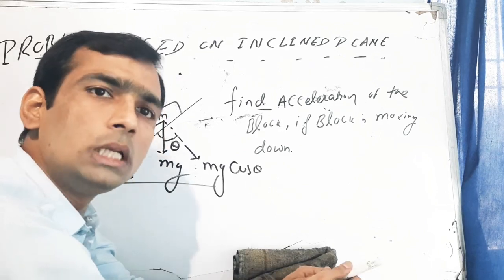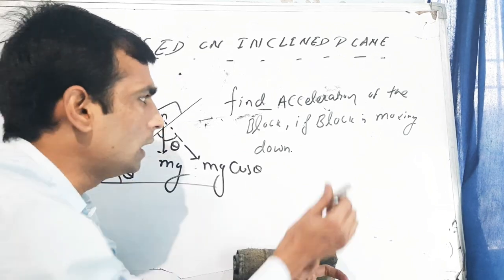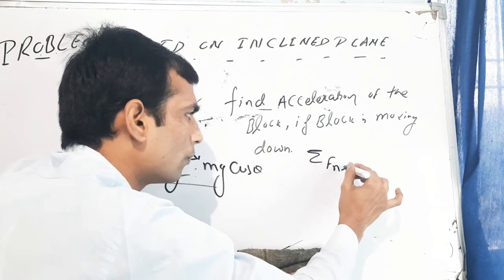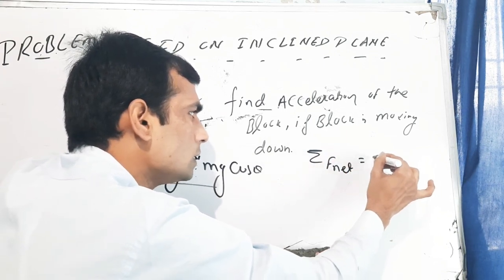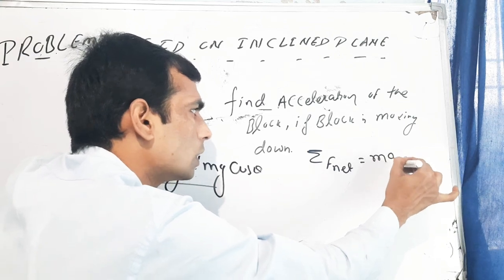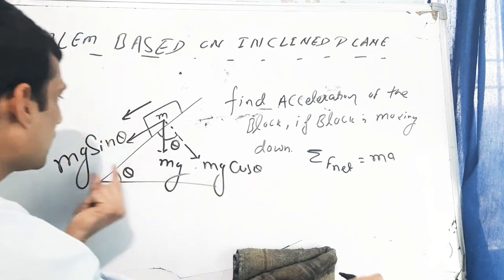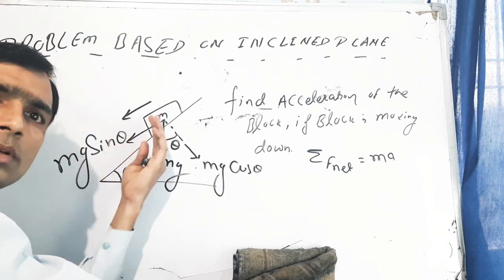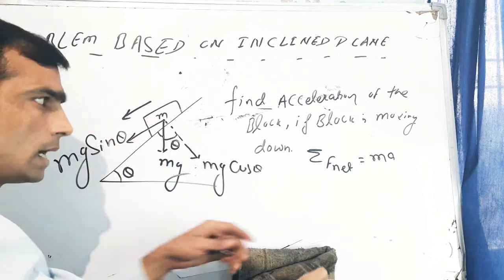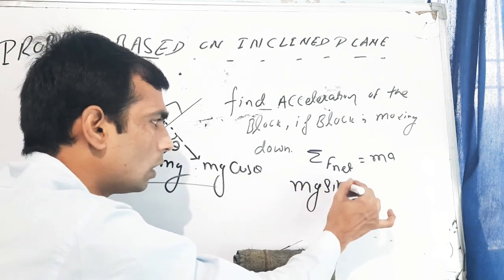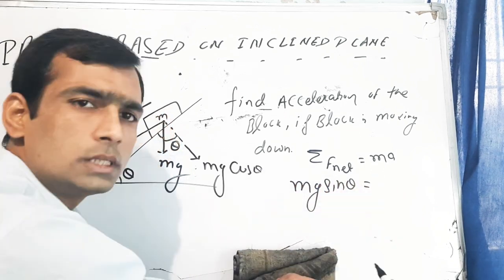Use Newton's second law: summation of F net equals ma. What is F net? mg sin theta is responsible for carrying the block in the downward direction. So mg sin theta equals ma.